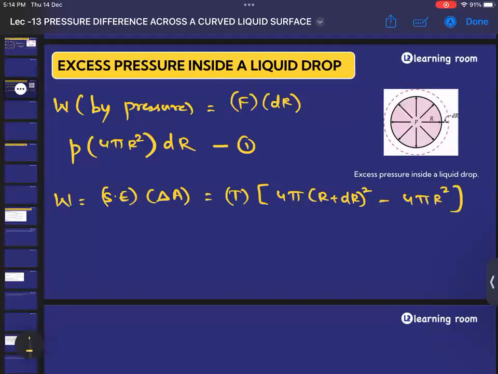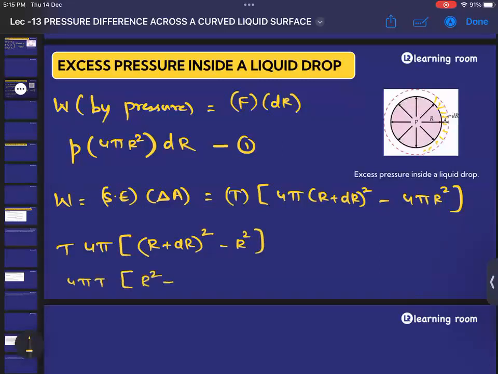I'm actually calculating the increase in that area. This area is what I'm calculating. I marked it with yellow. Are you able to see that? Right. So T into, I'll take that 4 pi outside. Can I write it as (r plus dr) the whole square minus r square? So it is 4 pi T into, what is (r plus dr) the whole square?